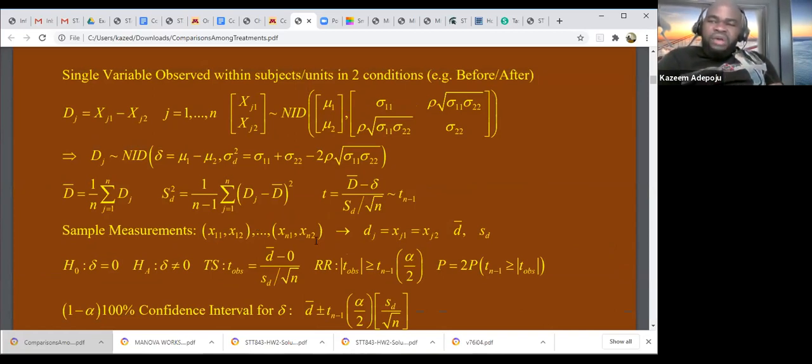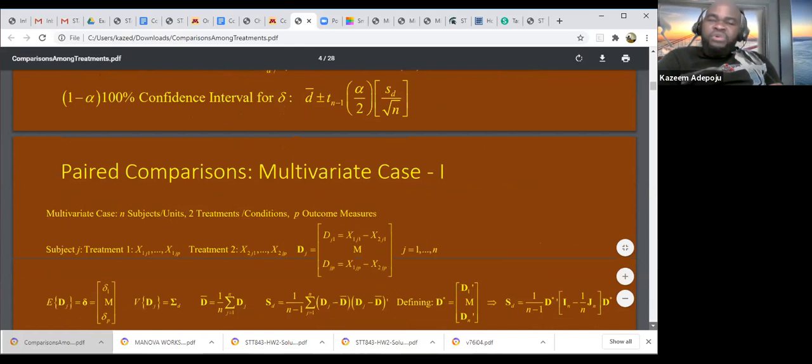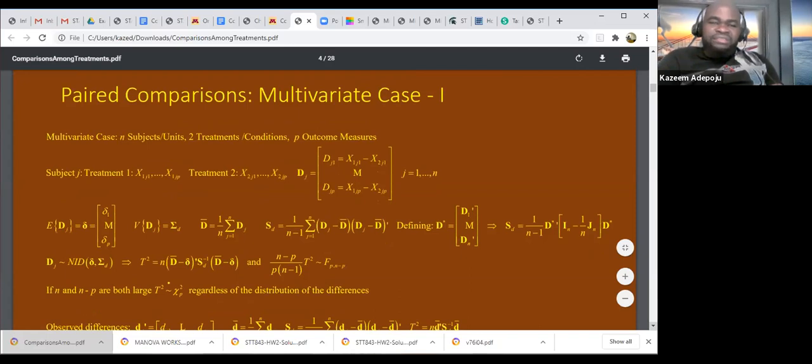Now, what if I have more than one variable that I also want to partition into before and after, and that is multivariate?